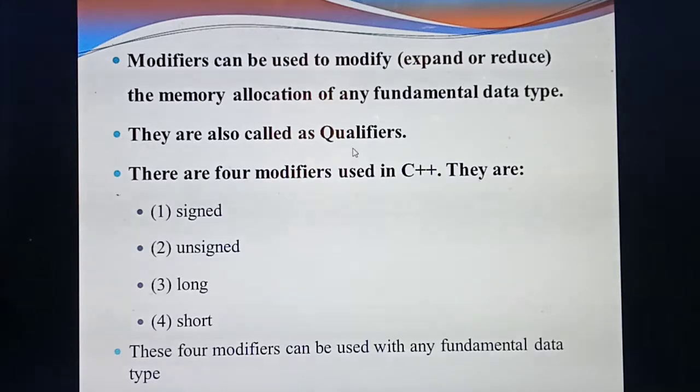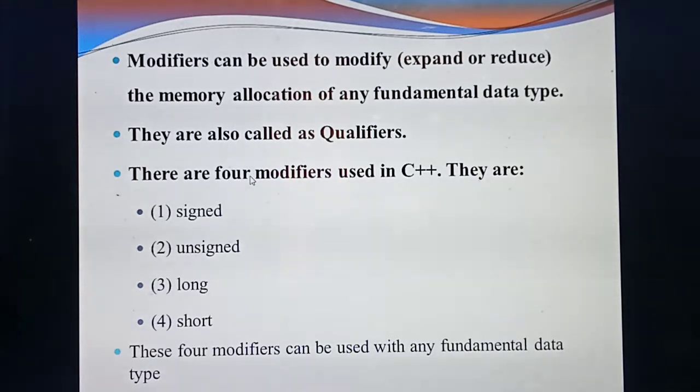That means signed int, unsigned character, long float, short character. Very, very important question: what do you mean by modifiers, and explain the types?